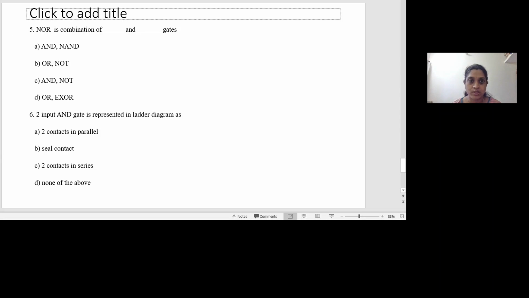The fifth question is NOR is a combination of dash and dash gates. Choices are A, AND and NAND, B, OR and NOT, C, AND and NOT, D, OR and XOR.